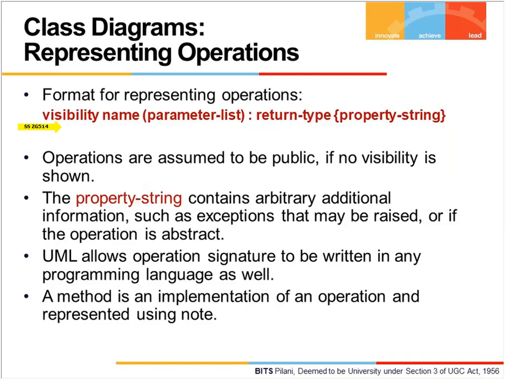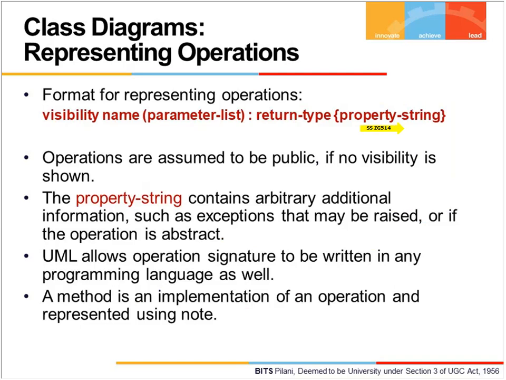First you specify the visibility, then the name of the operation, followed by the parameter list in brackets, colon, and then the return type of the particular method. If it's void, you do not specify anything. If there is no return type, don't specify anything. Otherwise, you mention the return type, followed by a property string.